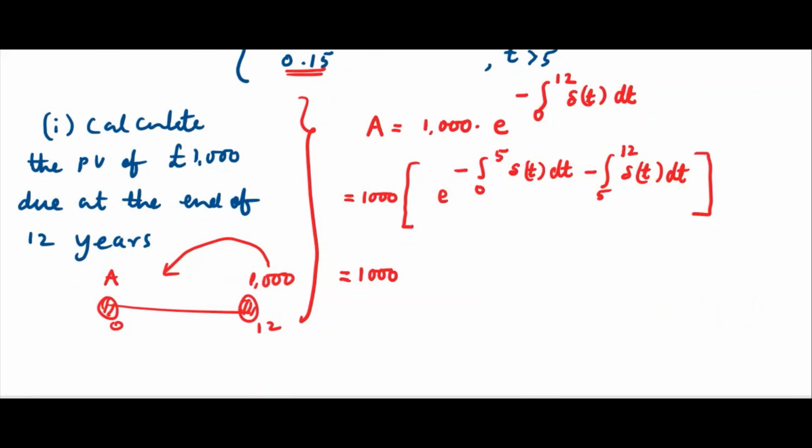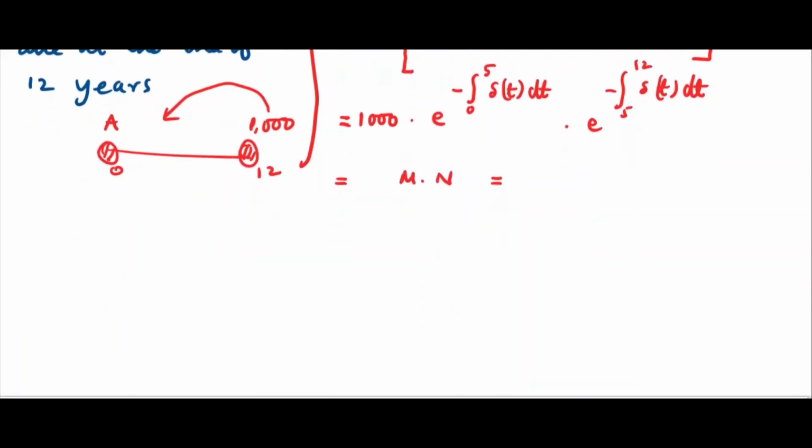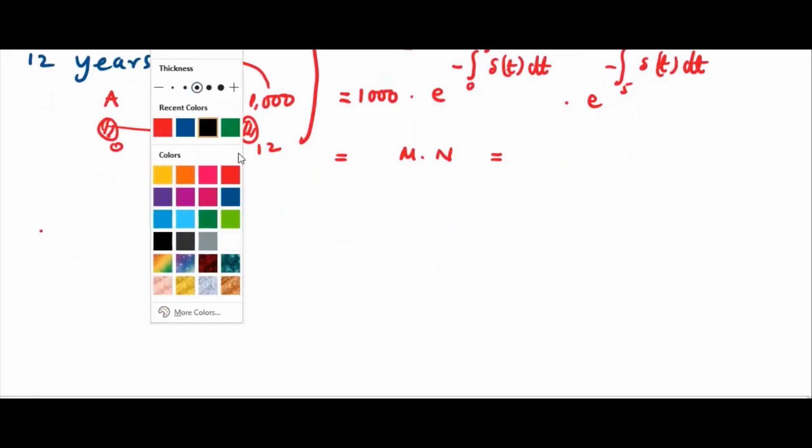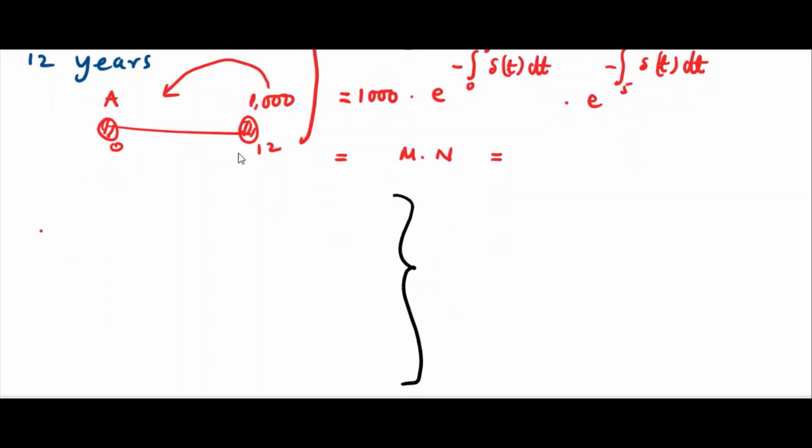E minus 0 to 5 delta t dt, then e 5 to 12 delta t dt. You have to find them separately. Suppose one is m and one is n, we'll find them and multiply. Let's find m now.